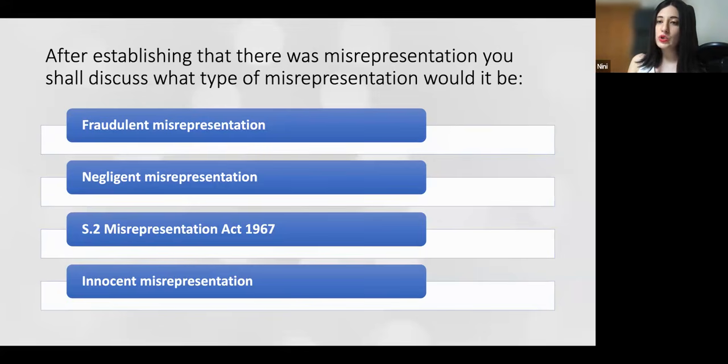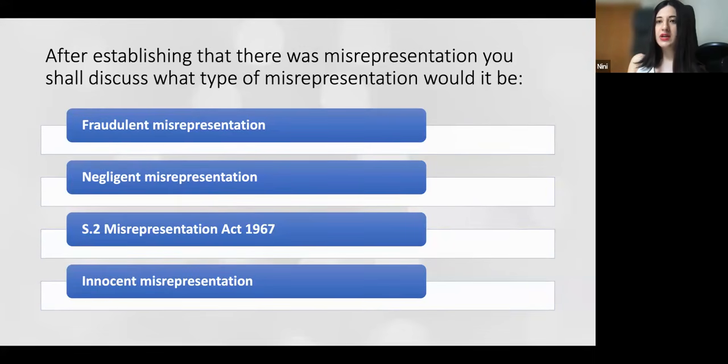However, it's a good practice, if you have time, because on the exam you are under time constraints, to discuss all 4 of them and discuss the likelihood of each of them succeeding on the facts of the case. So, for example, it's highly likely that fraudulent misrepresentation would succeed on the fact that they lied about the mileage.